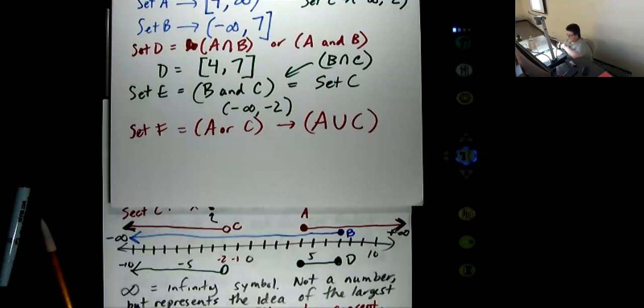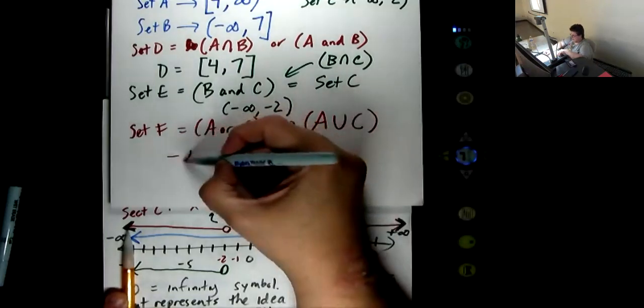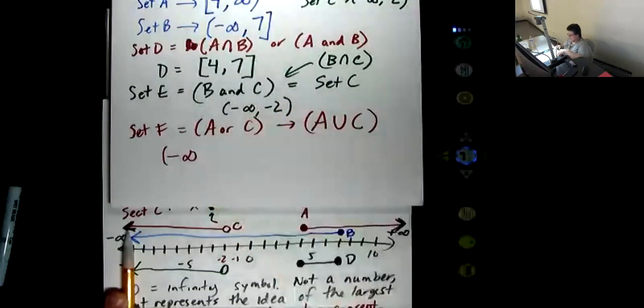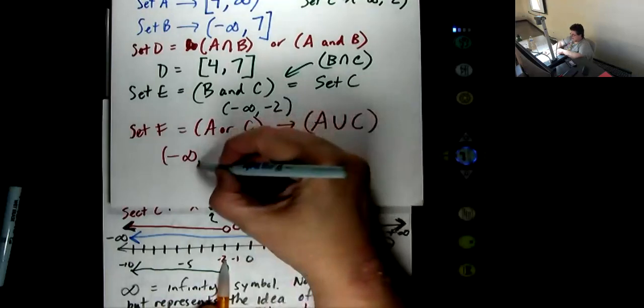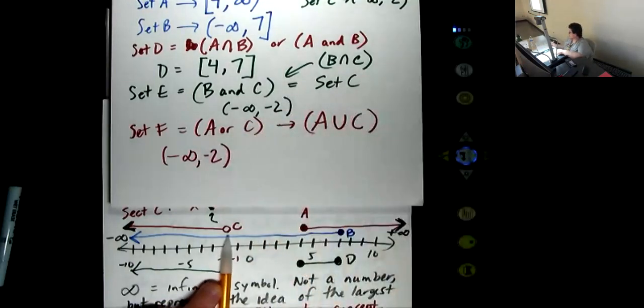So if I do the pencil thing on the red lines, I start at negative infinity, which gives me a parentheses. I go up to C and I stop at -2. -2 is a hollow point, so I'm going to use a parentheses.